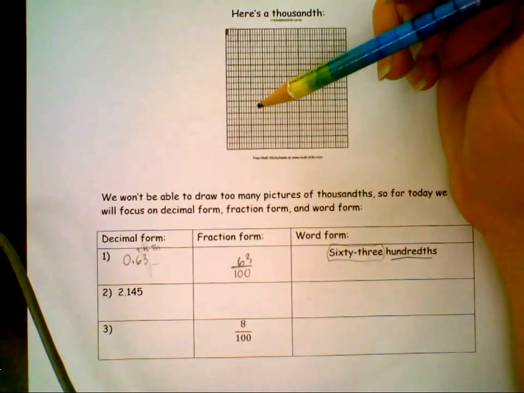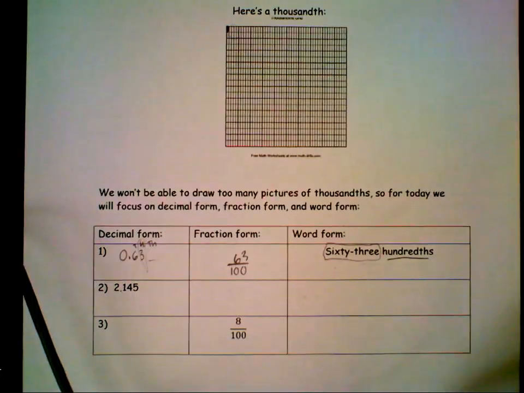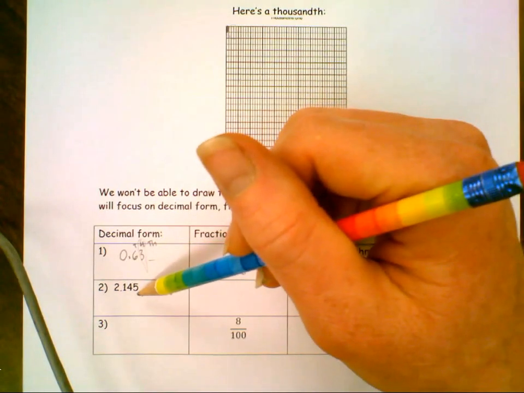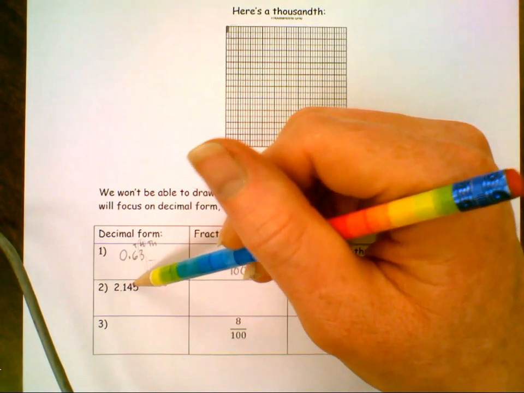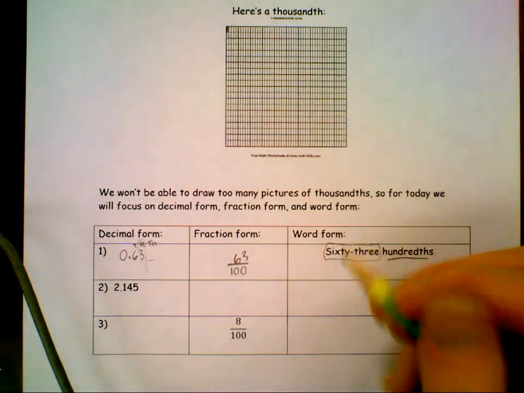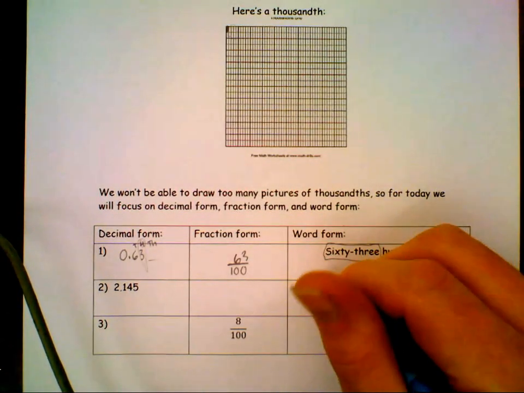I'll do one more and then you can do 3 on your own. Here we have 2 and 145 thousandths. So I can actually write that right away. Because I read the problem, it was easier to do right away.